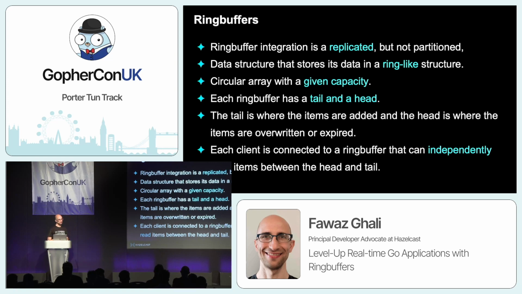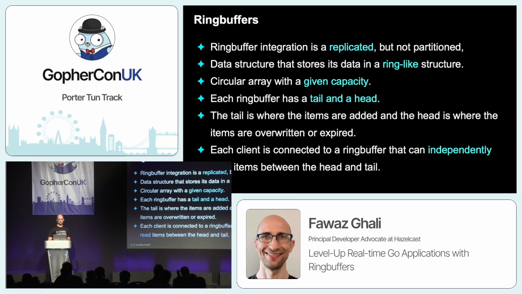And obviously, whenever you have multiple clients connected, they can be treated independently to read items from the ring buffer. This is very important because it tells you exactly where you need to stop and where you need to continue, as I will show you, if failover happens in your application.